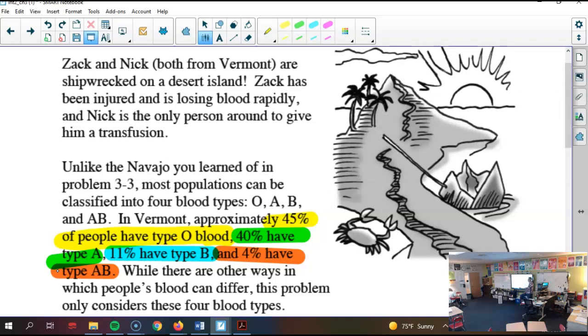But if he has AB, what's the chance somebody else matches him? 4%. But what is that? 4% of 4%. Well, no, because someone else's blood type isn't dependent on your blood type. It's still a 4% chance.